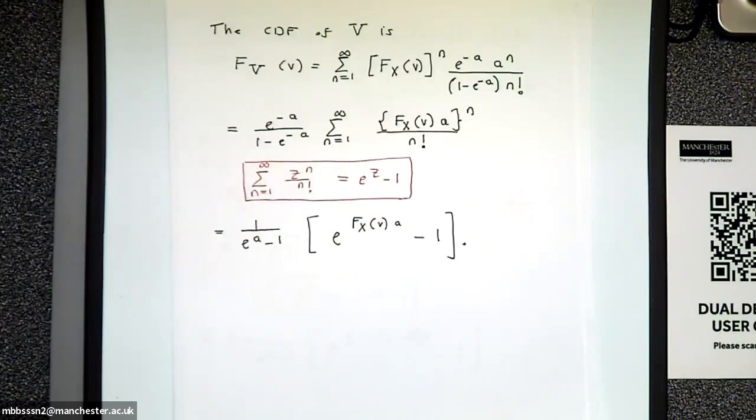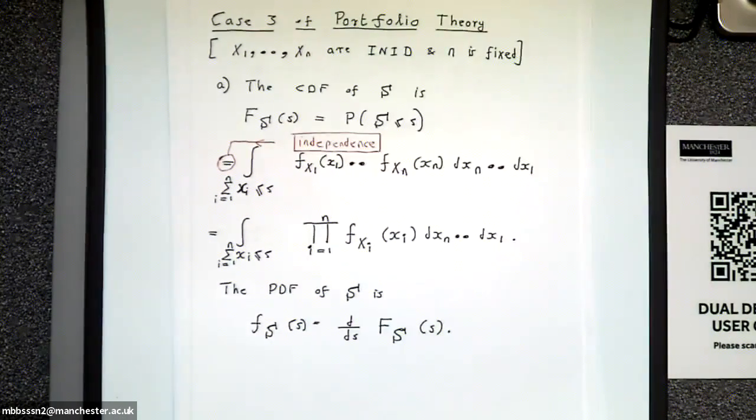The next case I want to consider is case number 3. Case number 3 is where the losses are INID, which means independent but not identically distributed, and the number of investments is fixed.